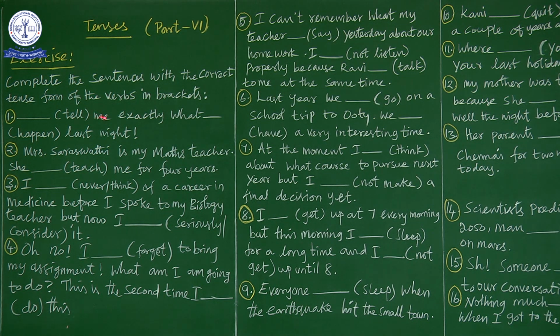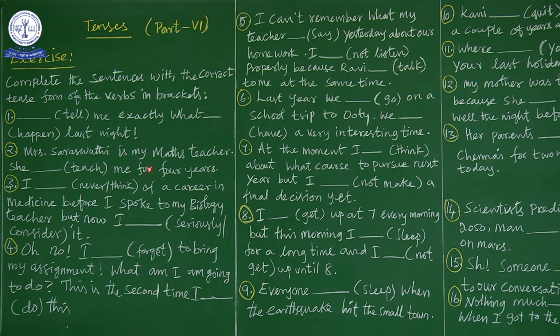So here we do not have a keyword, but the meaning is contextual. So the answer is: tell me exactly what happened last night. Okay, let's move on to the second one. Mrs. Saraswati is my math teacher. She does teach me for 4 years. Now here, what is the keyword?